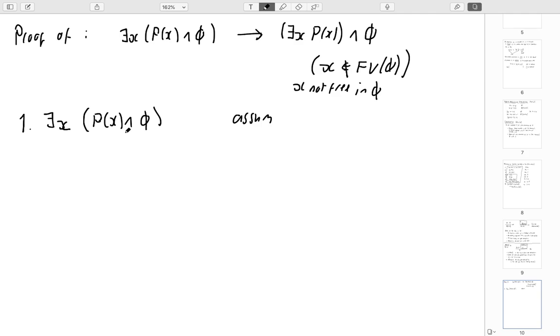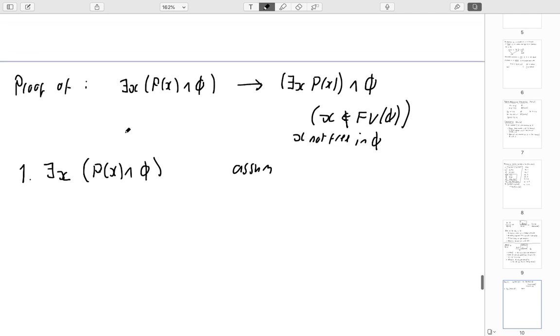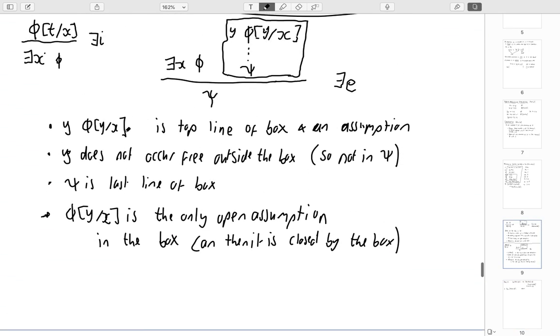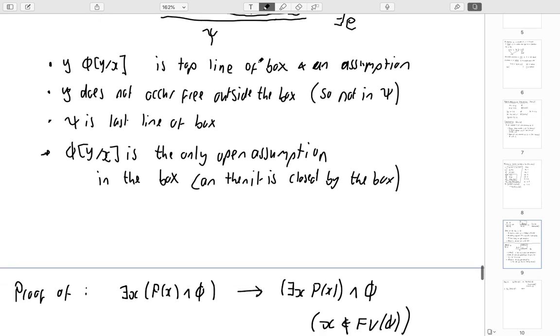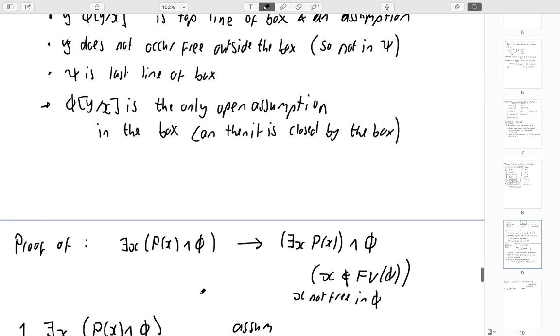So we're going to start doing that, and then we've already got here this premise. So we need to start working through this second premise, which means the next thing we need to do is give ourselves an arbitrary y and assume that px and phi holds for y.